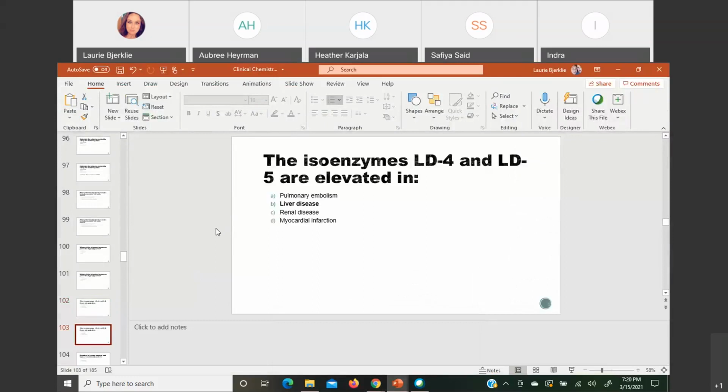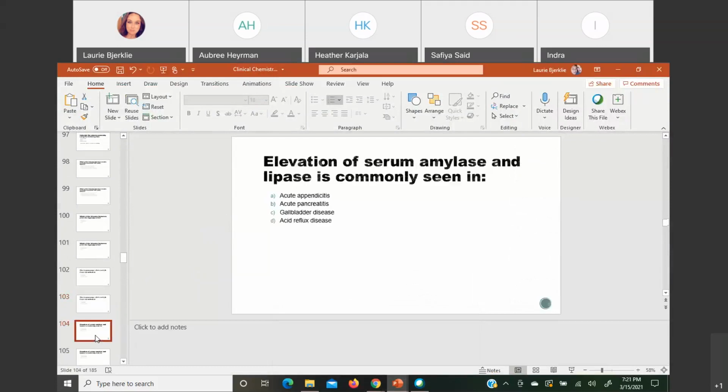So there are 5 isoenzymes of lactate dehydrogenase, and each tends to occur in different diseases. So 4 and 5 have definitely been linked with liver disease. Elevation of amylase and lipase is commonly seen in what?